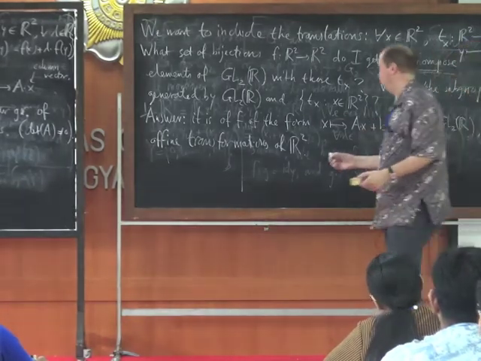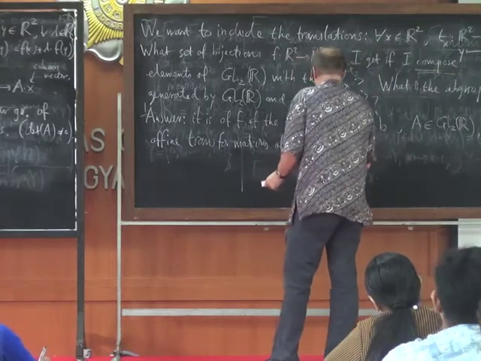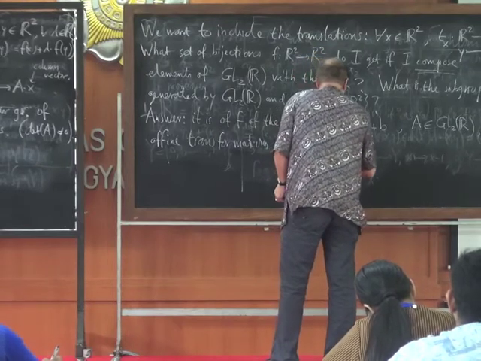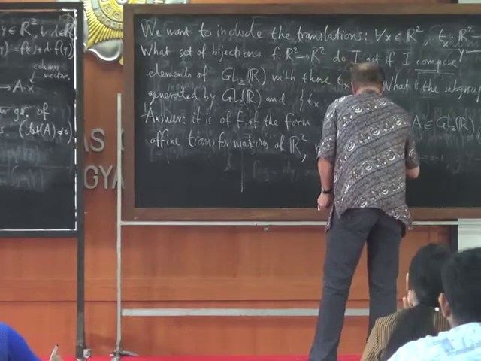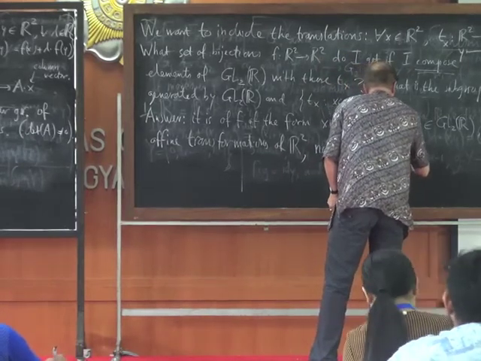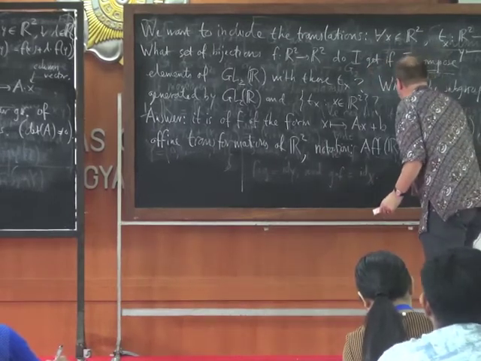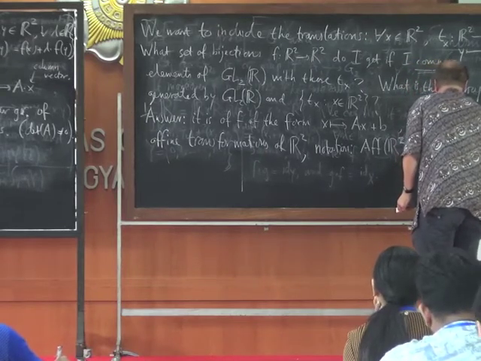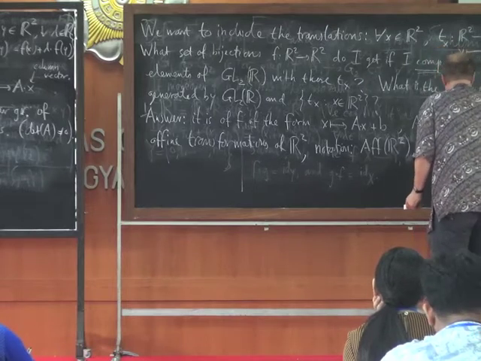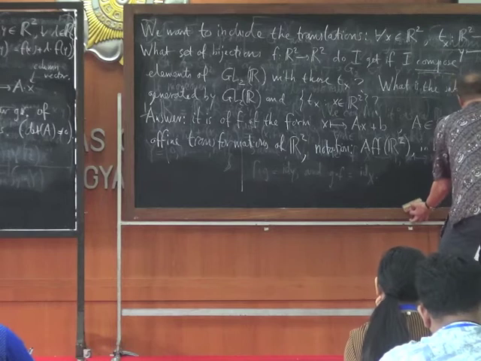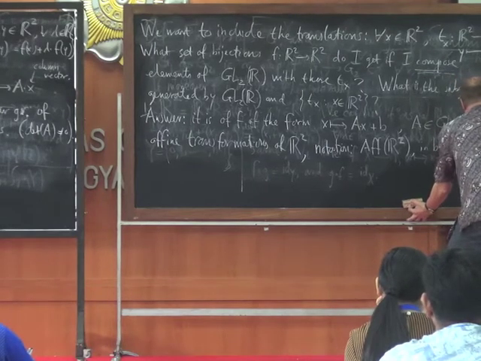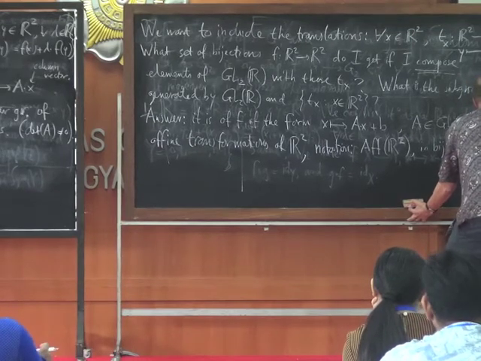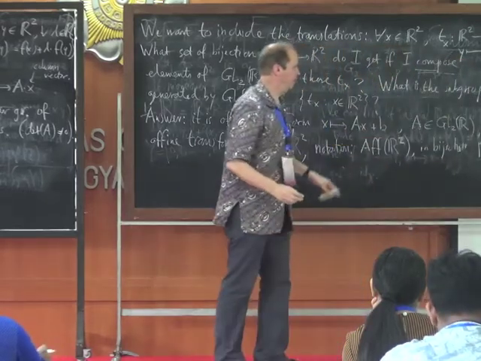Notation: we call it the affine group of R2, the group of affine transformations, and it is in bijection with R2 times GL2R, because every such map is given by an A and a B, and you put the A here and the B there.